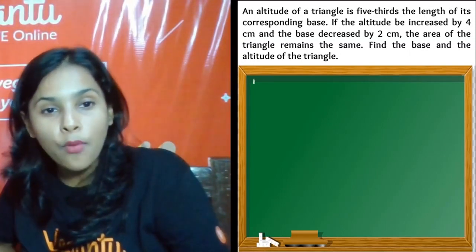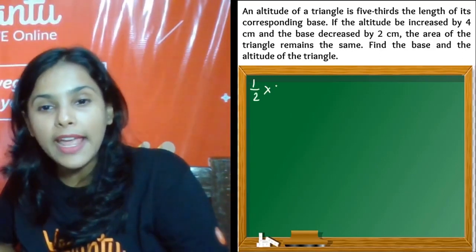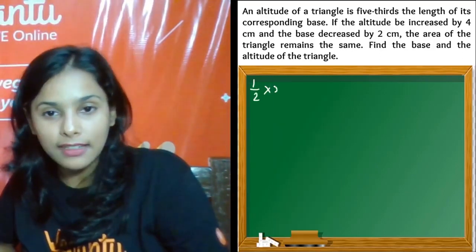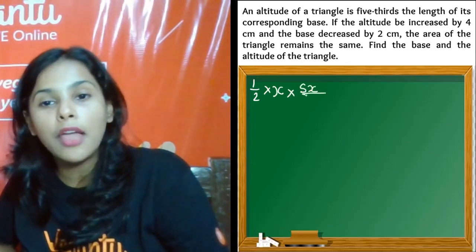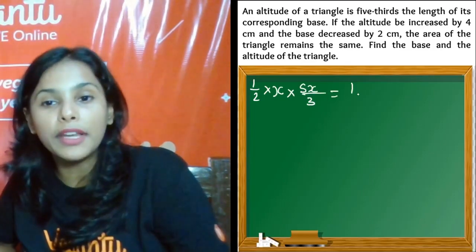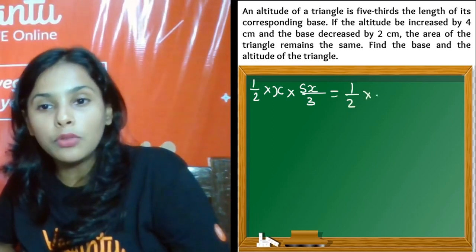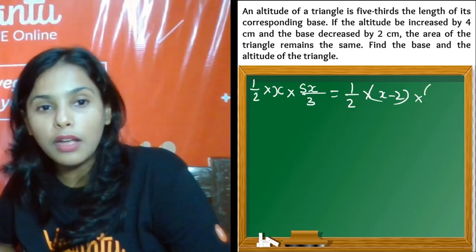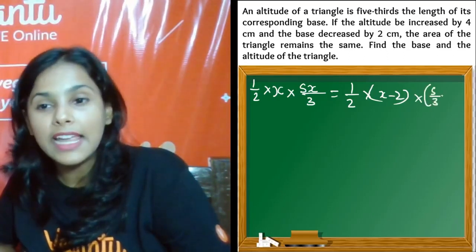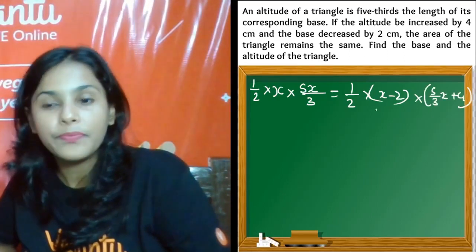This was 1 by 2 into x, the base, into the height, 5x by 3, is equal to 1 by 2 into x minus 2, the new base, into the new altitude, 5 by 3x plus 4. Done.